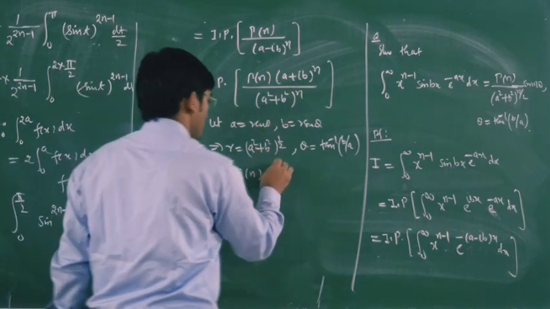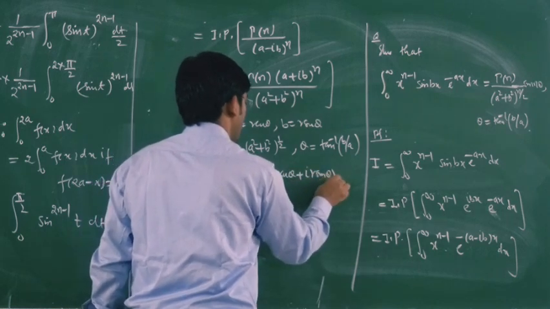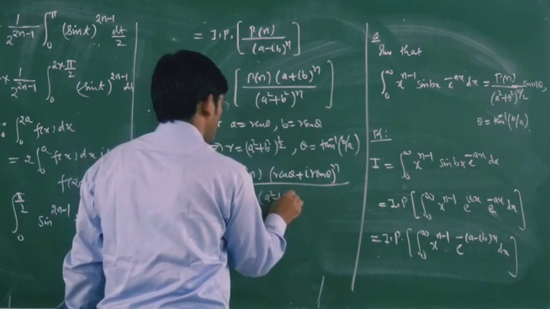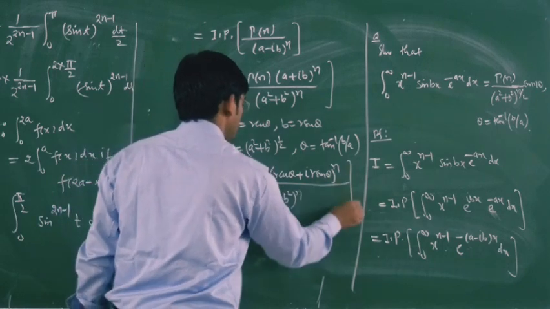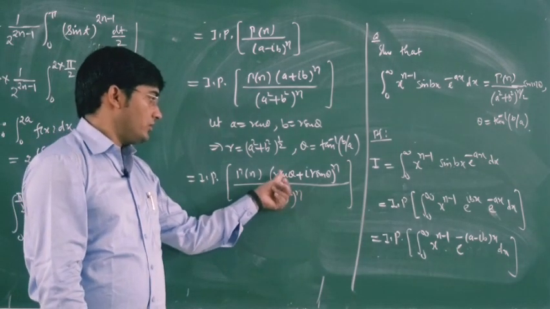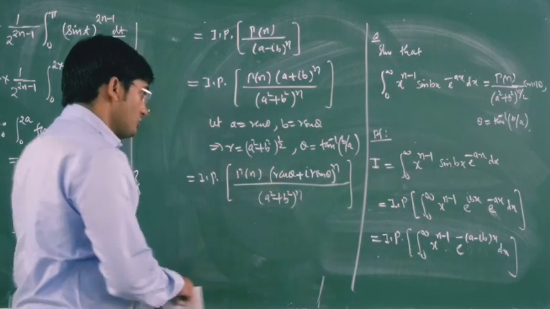Now this will be (r cos θ + i r sin θ)^n divided by (a² + b²)^n. Now again, using De Moivre's law, this will be r^n outside, times (cos nθ + i sin nθ).